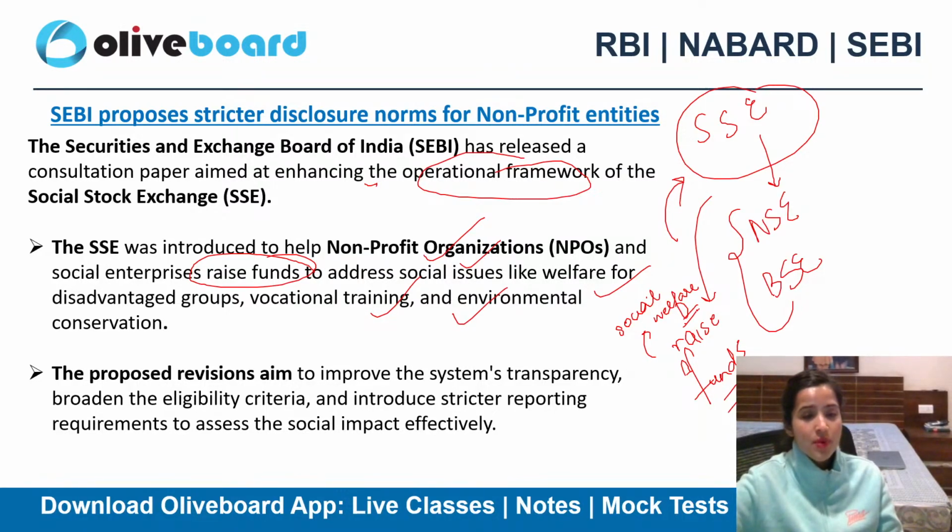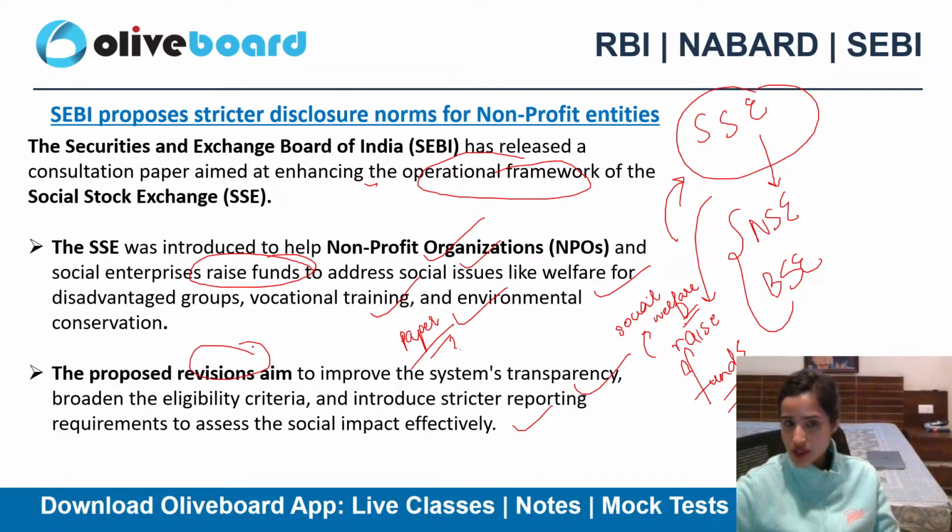Alright. The proposed revisions aim to improve the system's transparency, broaden the eligibility criteria, and introduce stricter reporting requirements. So, they released a consultation paper. What is in this paper? The revisions. There are revisions related to what?